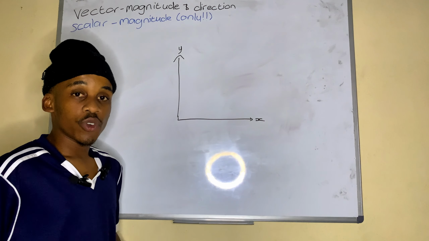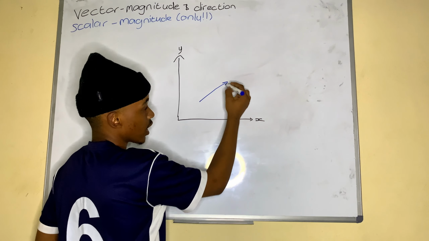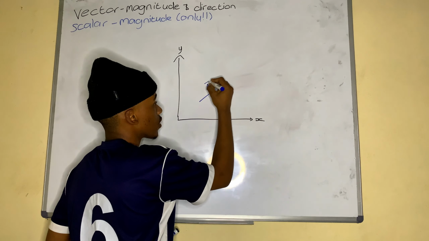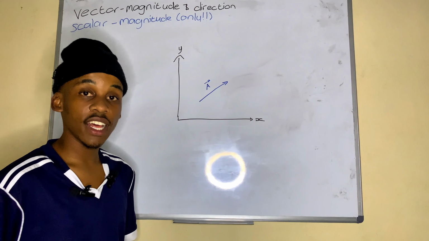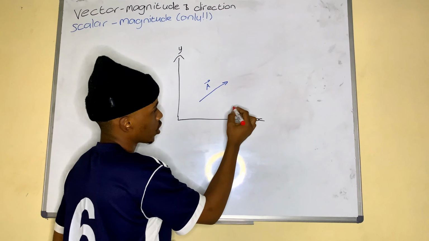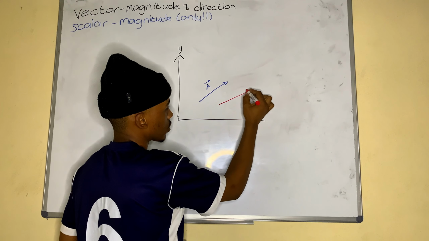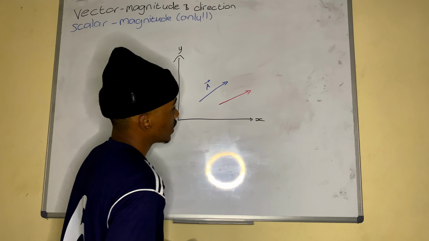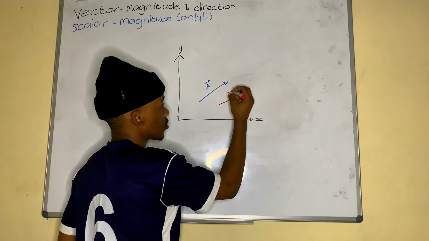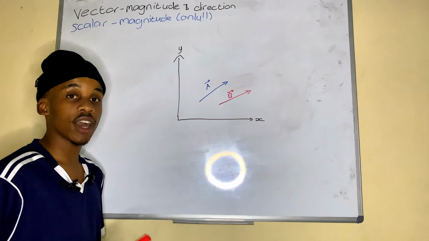And so if we've got vector A, which lies along that point, we'll name this vector A, and we've got another vector which we'll name as vector B, which let's say lies along that point, in that direction, which is the same as vector A. We've mentioned that vectors have components.